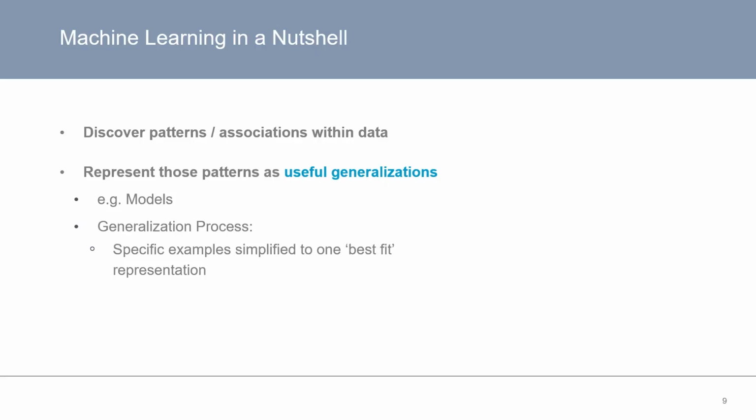Sticking with the subfield of machine learning for a moment, we can describe it as a strategy for discovering patterns or associations within data. And further, we want to represent those patterns as useful generalizations, for example, models. And this process of generalization involves looking at specific examples and simplifying them to some best fit representation.